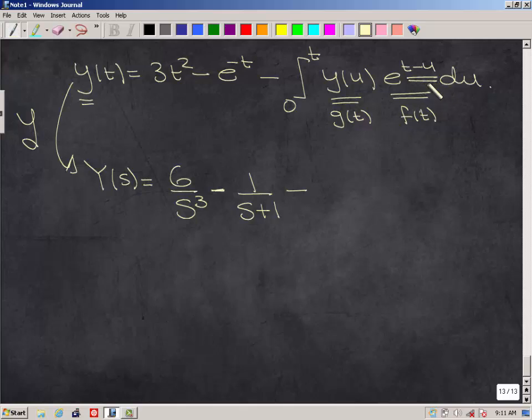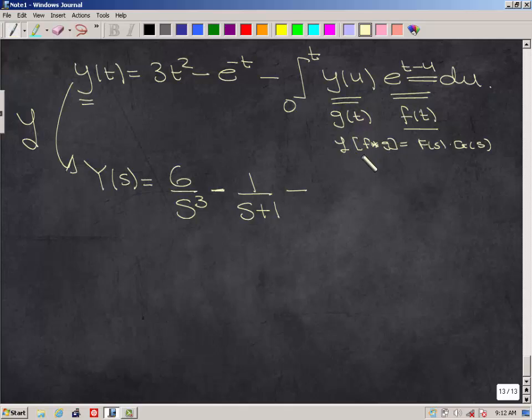Do you guys remember that? And you can translate g of t. I told you, it doesn't matter which one you translate, it's all going to work out. So this is a convolution, f star g. If you recall, that's big F of s times big G of s. So what is big F of s? It's right here. Okay, so what would that be?